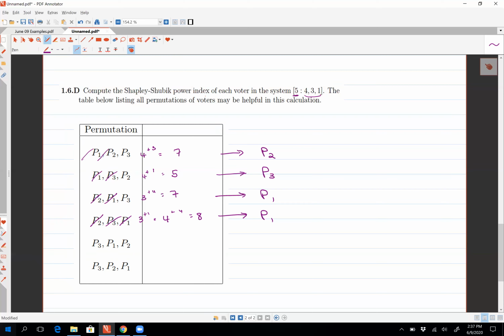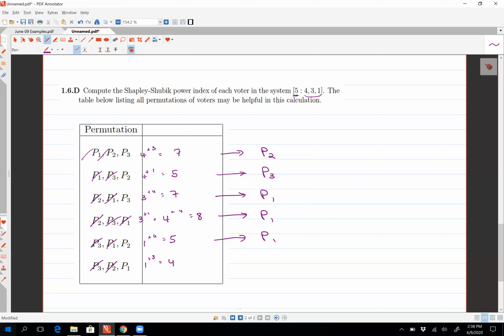If we start with voter 3, we would have a weight of 1. If voter 1 is next, they would add 4. That would get us to 5. That's all we need. So voter 1 is pivotal. And finally, if we start with 3, we would have a weight of 1. If 2 is next, that adds 3 to the calculation.